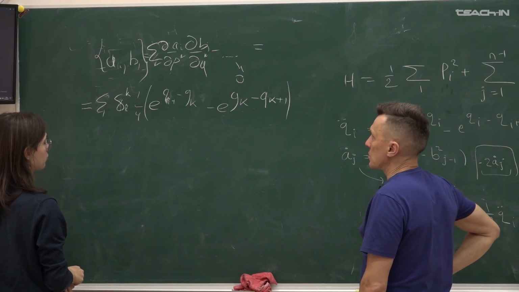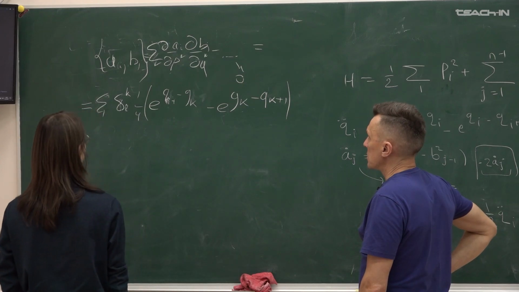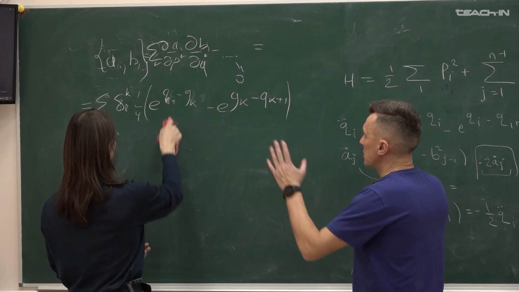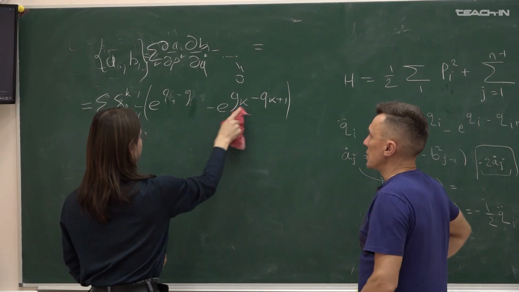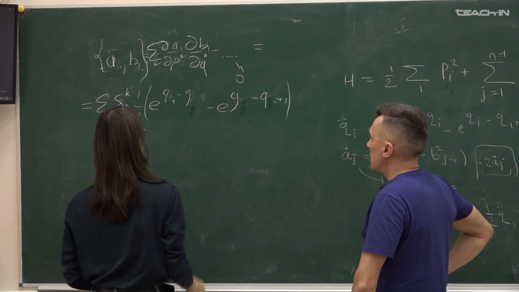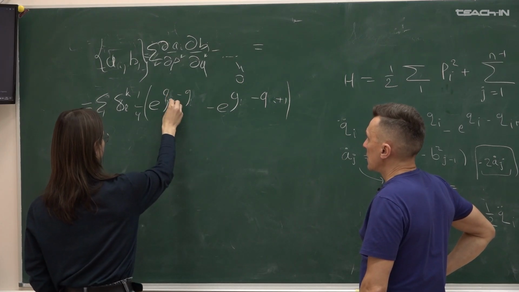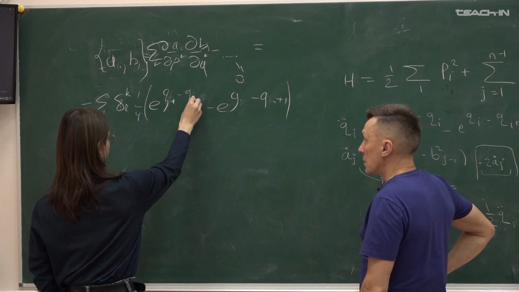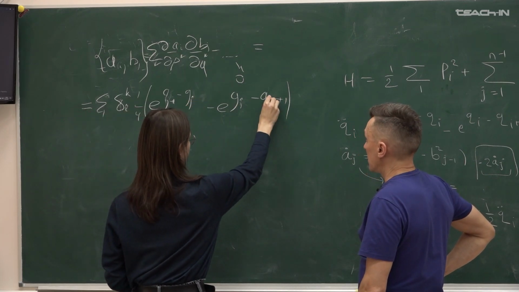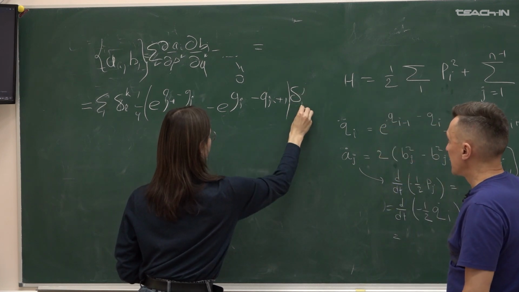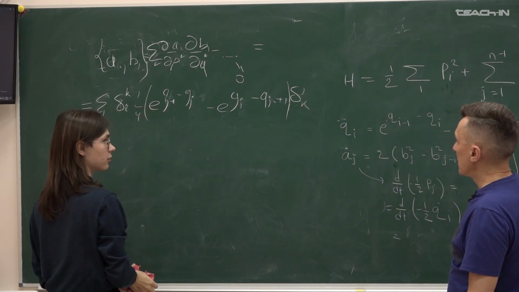It should depend on j. Do you agree? In this form, the right side doesn't depend on j. What I mean is there should be something like that, and a Kronecker symbol, right?